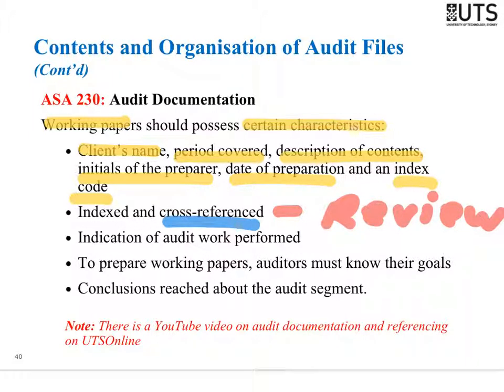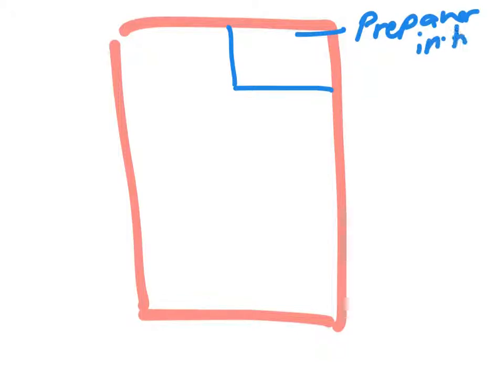Okay, so I'm just going to show you an example of a working paper. I'll do it on a new page. For example, this is your working paper, and what you'll generally find is the following. On the top right-hand corner, you'll see probably three things. The first is who prepared it, so you'll see the preparer's initials.